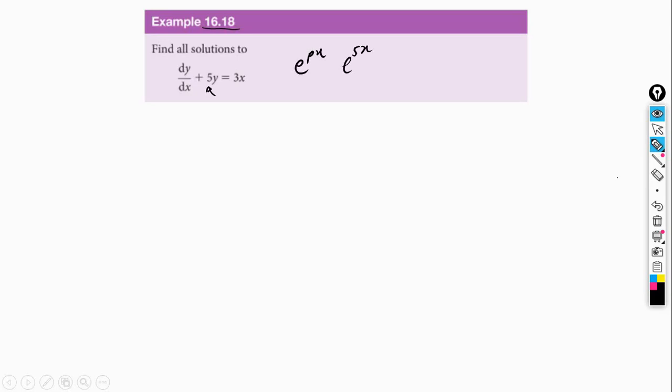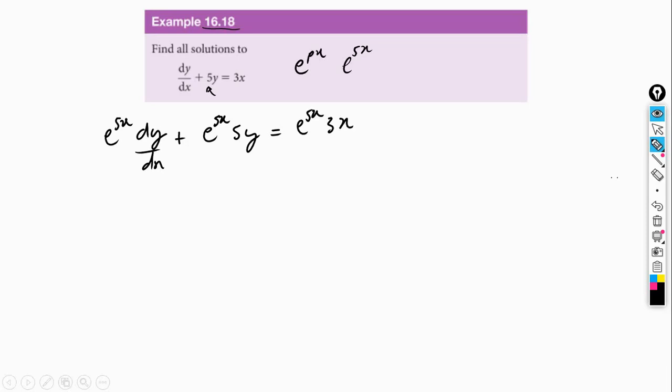So we multiply both sides of the equation by the integrating factor. We should get e to the power of 5x times the derivative of y plus e to the power of 5x times 5y is equal to e to the power of 5x times 3x.